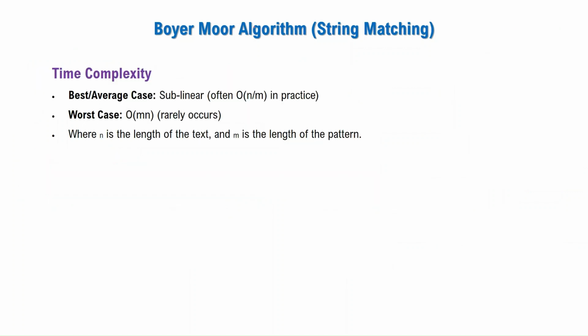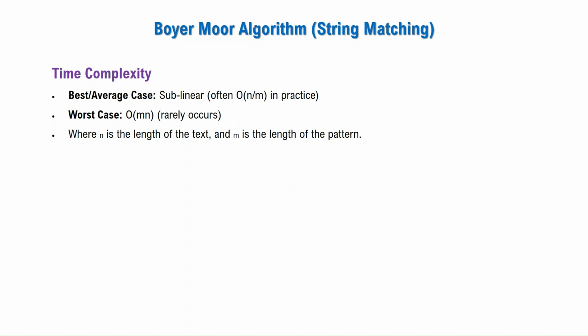How you construct the good suffix table decides the efficiency of this pattern matching. And next, we have the time complexity. Best and average case time complexity is almost linear, often called n by m in practice. In the worst case, of course, it is m into n, the length of the given pattern and the length of the given text.